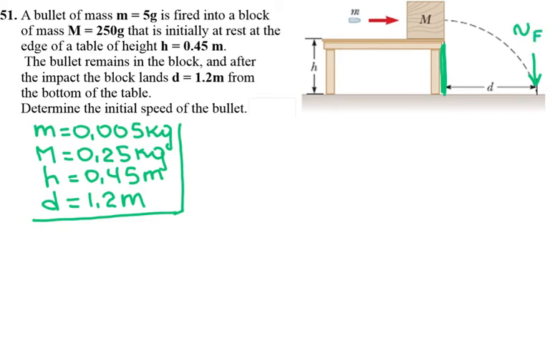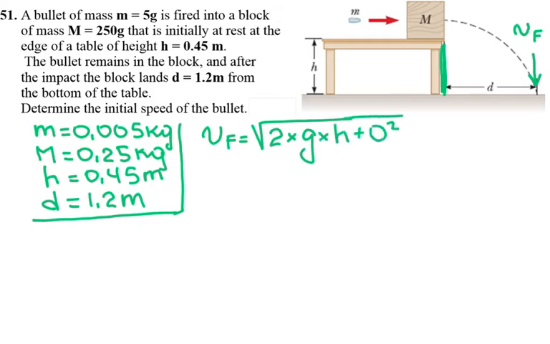For the final vertical velocity at the moment when the block and the bullet land, I can use the distance and acceleration due to gravity. That's the square root of 2 times acceleration times the vertical distance, plus the vertical initial velocity, which is 0. If I plug in 0.45 for the height, I get 3 meters per second.